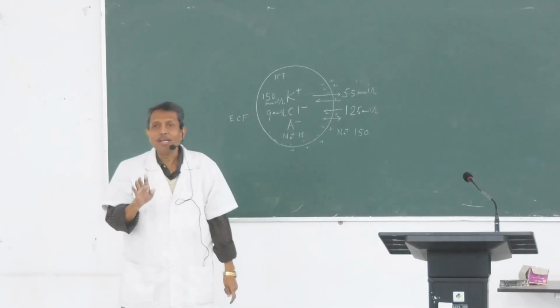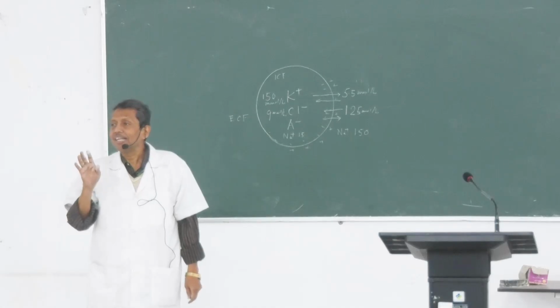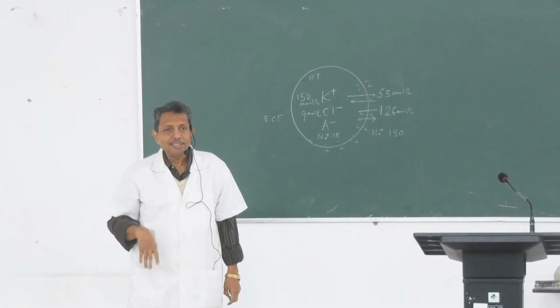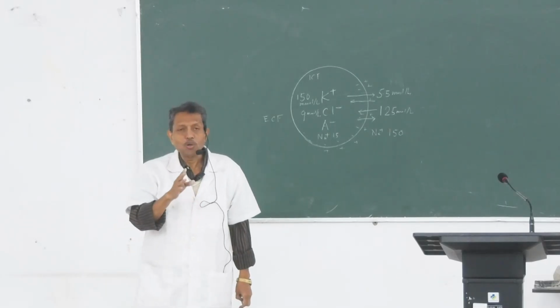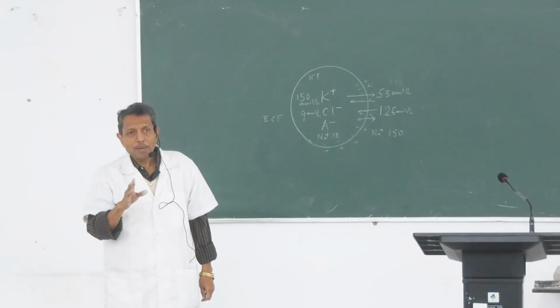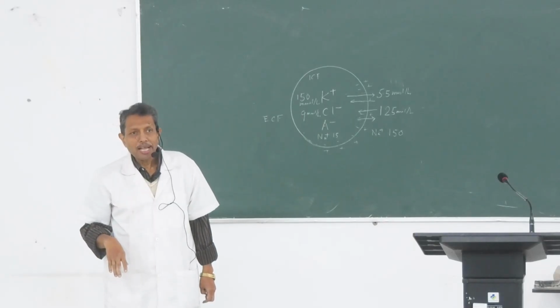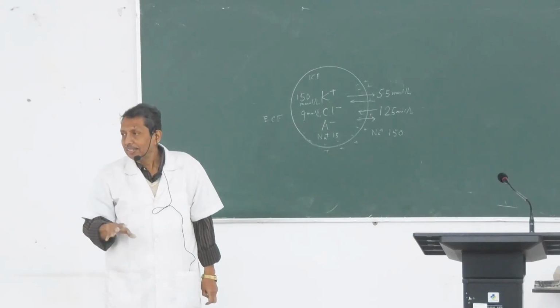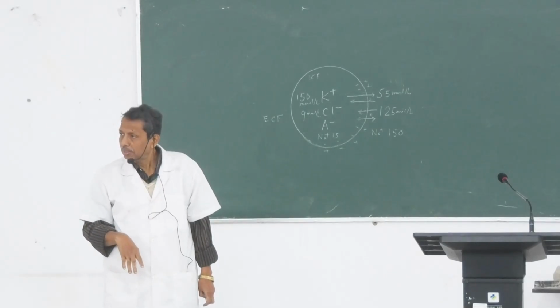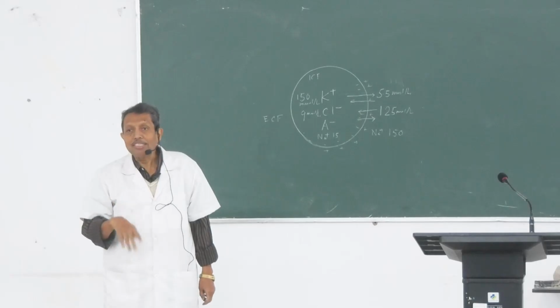And you know very well that these ions are not in isolated form. They are polar molecules, and naturally they are surrounded by water molecules, and so they are not easily permeable.